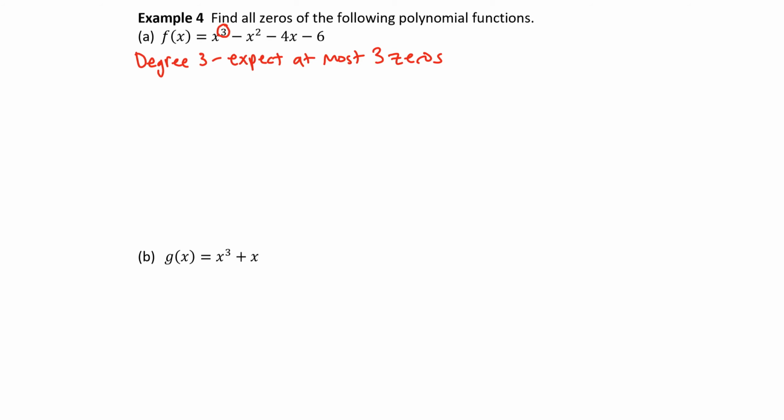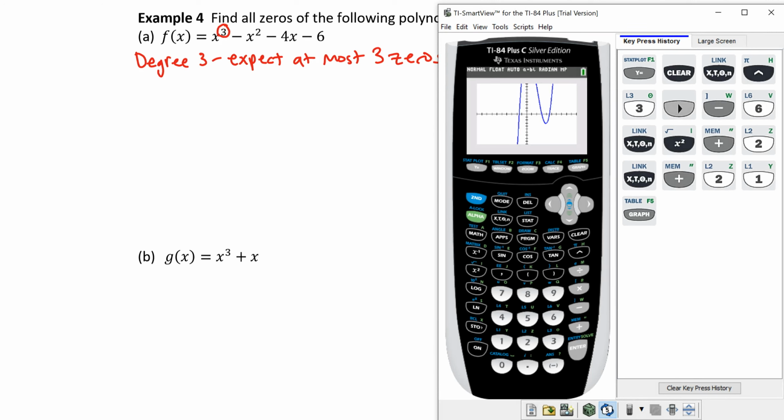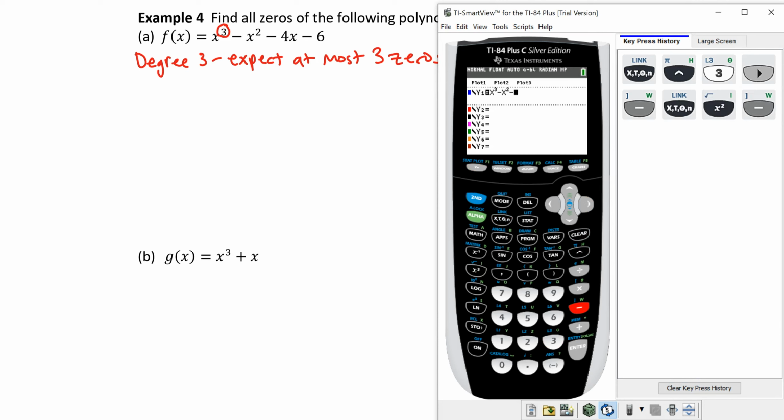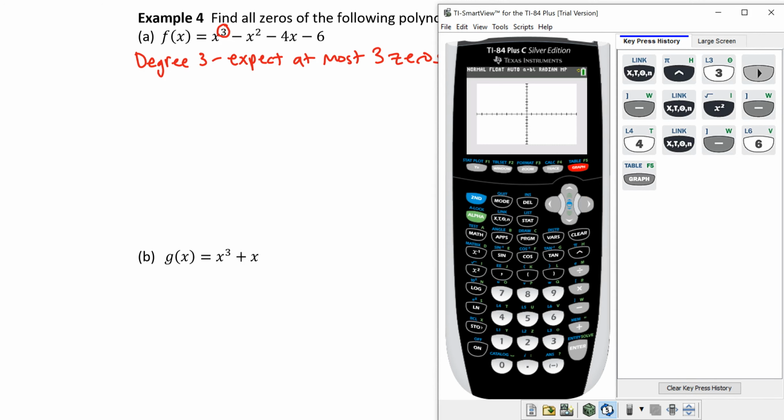Now, we need a place to start, so we will begin by graphing this function on our graphing calculator. Remember, we are looking for an x-intercept that will correspond to a 0.